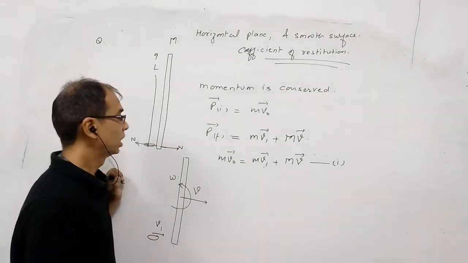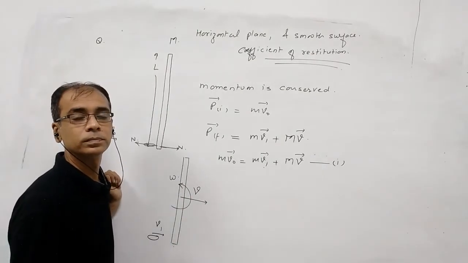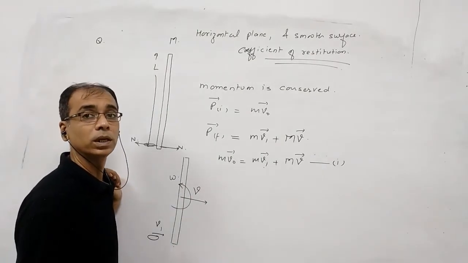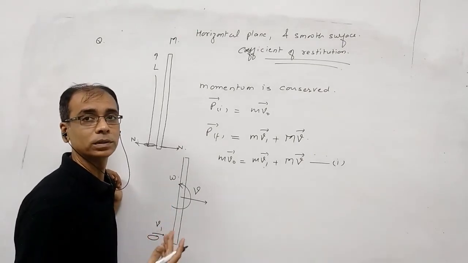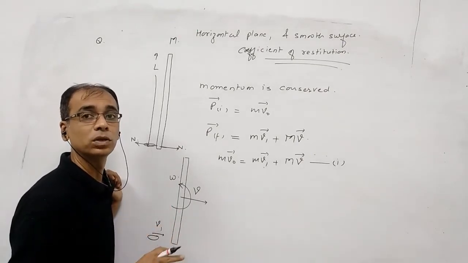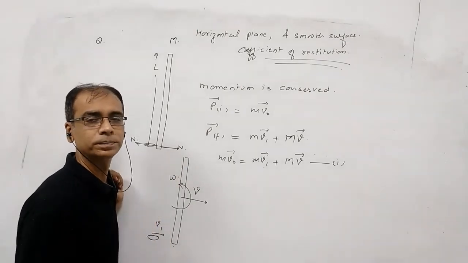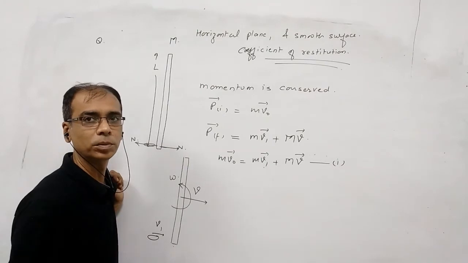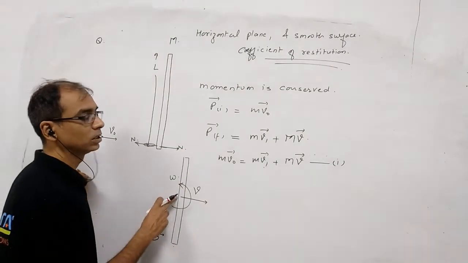If the net force is 0, then you can take torque about any point, and the torque will be 0 only. So if torque about any point is 0, you can conserve angular momentum anywhere. Your wish. Normally, if you see in the books, they will conserve it about the center of mass.